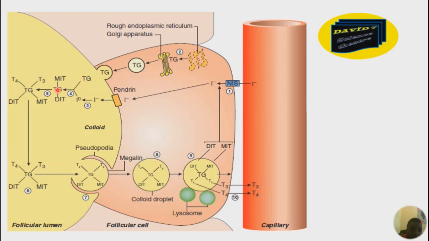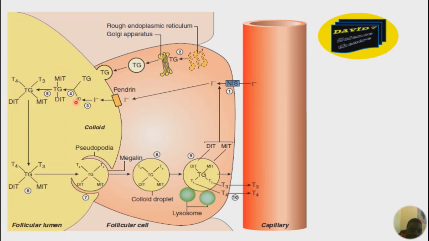One iodide attaching to one tyrosine forms a monoiodotyrosine, MIT. If there are two, it forms a diiodotyrosine, DIT.